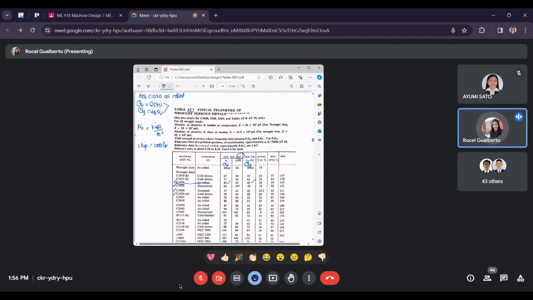Since these values are taken from the table, we always put the reference table that we used. In this case, where did we get them? These are taken from Table 87. These two values are taken from Table 87, and you have to include the page number. This is page 14.